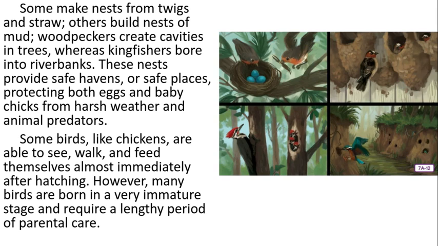Some make nests from twigs and straw, others build nests of mud. Woodpeckers create cavities in trees, whereas kingfishers bore into riverbanks. These nests provide safe havens or safe places, protecting both eggs and baby chicks from harsh weather and animal predators.